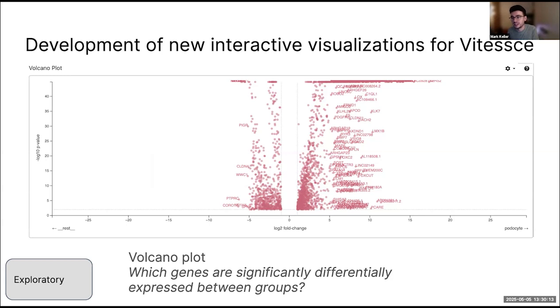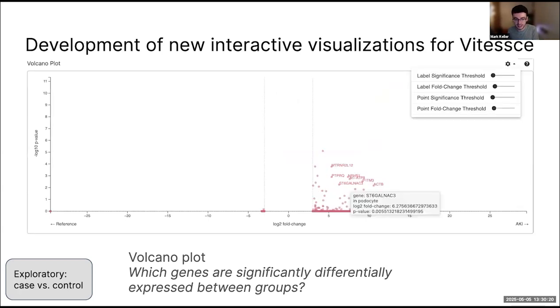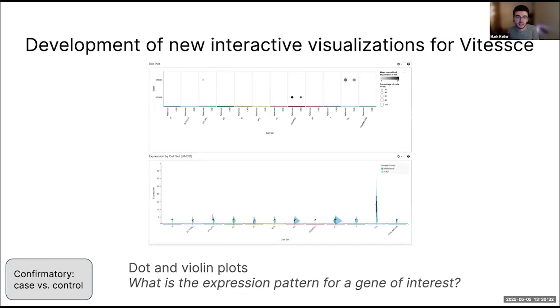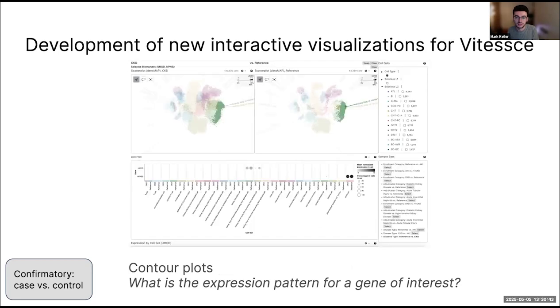where if the user hasn't selected groups, the comparison is between one cell type and the rest of the cells, or if the user has selected a group, then it's a within cell type comparison between, for example, acute kidney injury and the reference groups. If the user clicks a gene, they would view, for example, the dot or the violin plots to understand the pattern of expression across all the cell types and between the groups.